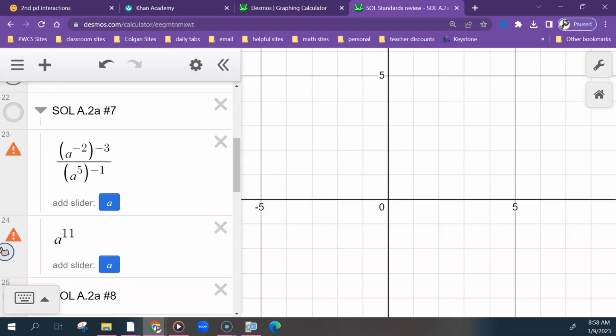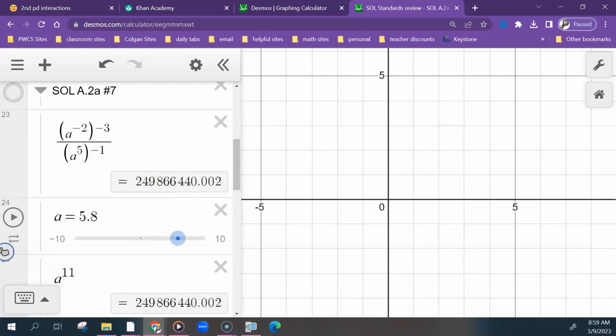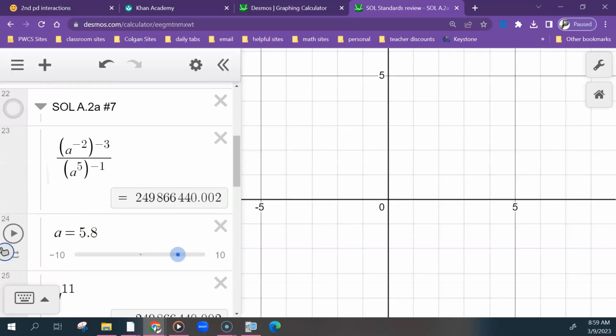And then 7 had variable a. So if you use x or y, you have to capitalize them. But if you use a, b, c, d, f, you don't. You don't have to capitalize them, but it should work the same. So a to the 11 was that answer.